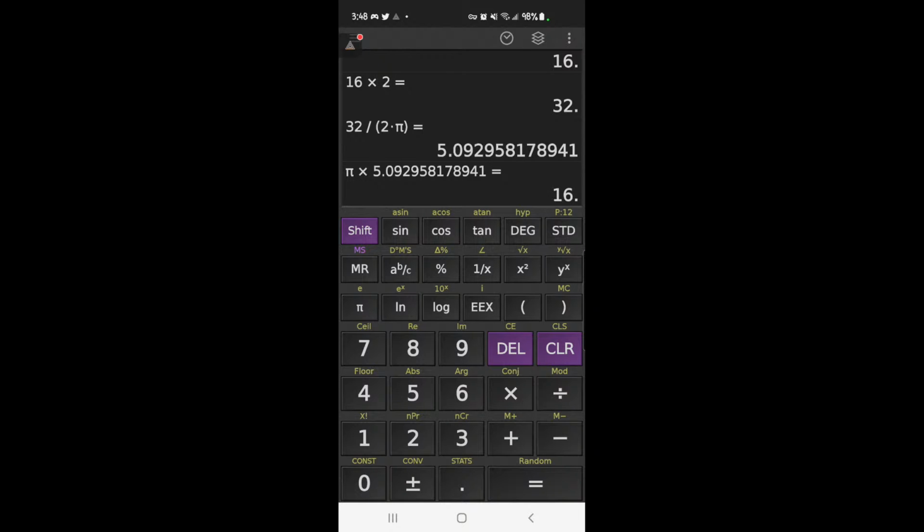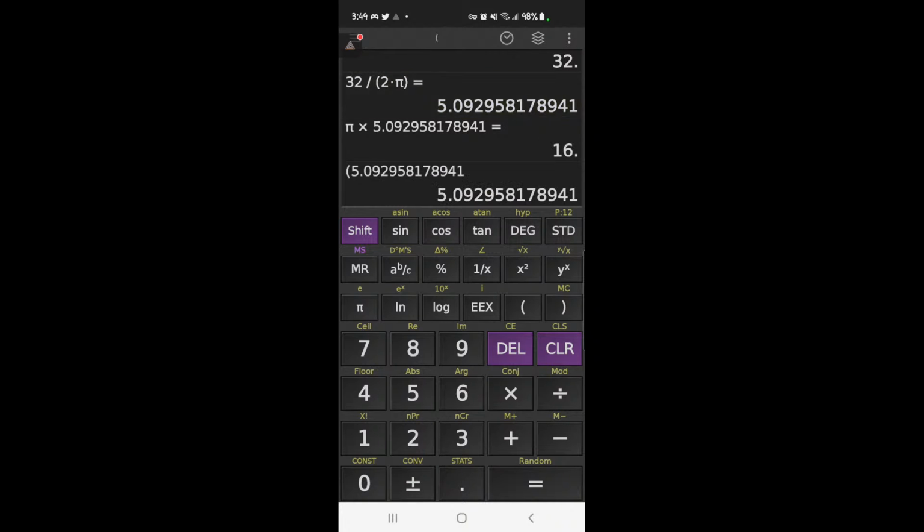But when we do, for example, that squared minus pi squared in order to find the radius, you see it doesn't give us 16. It gives us something else.